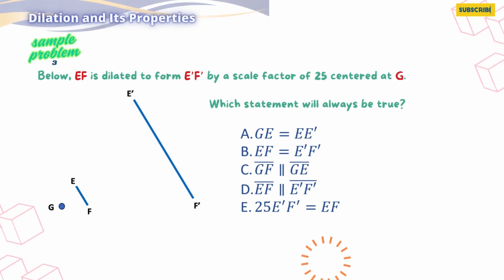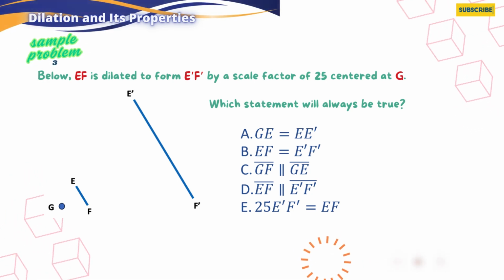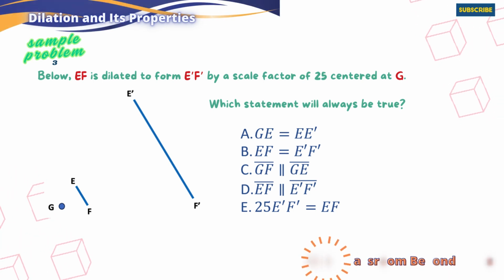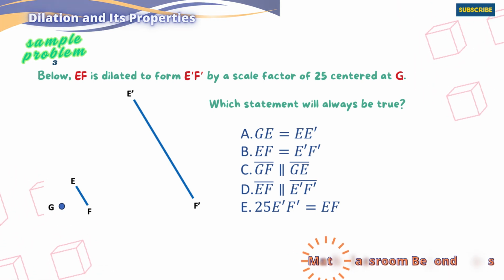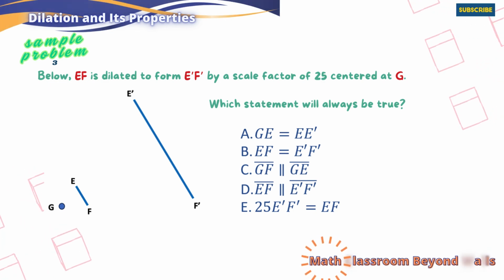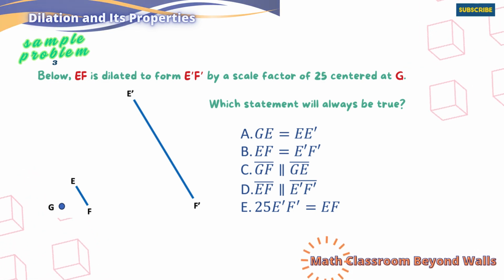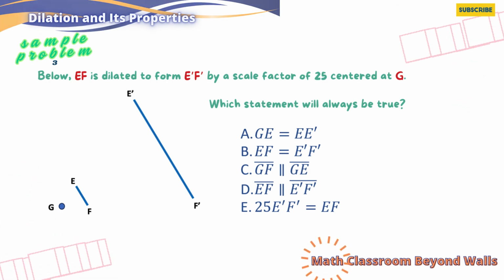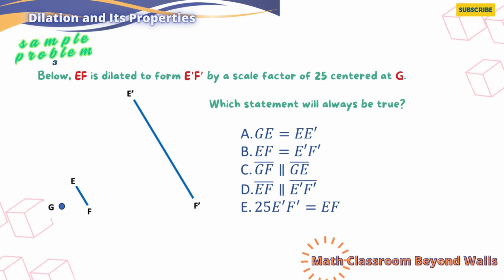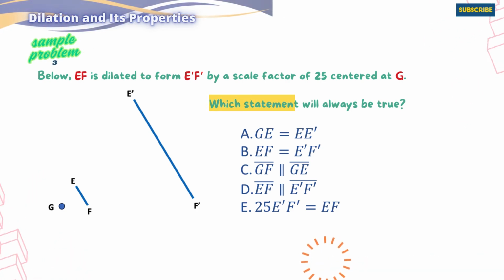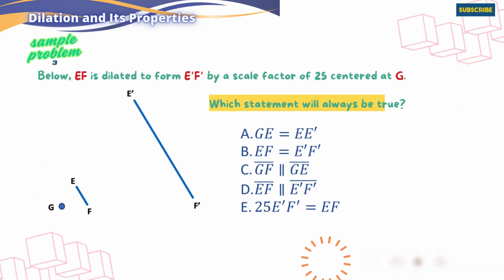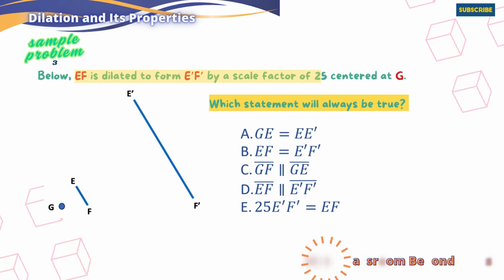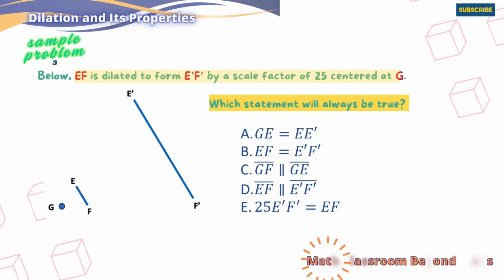As usual, we begin by reading the whole problem and may read it several times when needed to know what we're looking for, to determine what are given, and to figure out how the given information helps find what we're looking for. What are we looking for, learners? You are correct. We are to determine which statement about the dilation of EF by a scale factor of 25 centered at G is true.